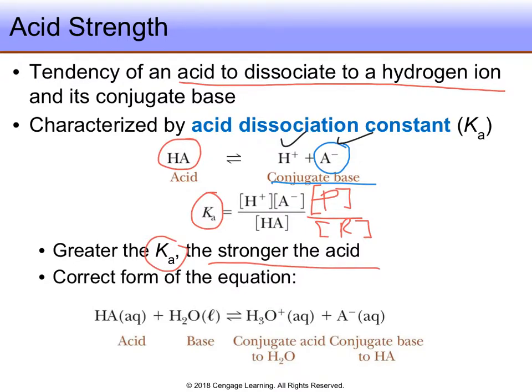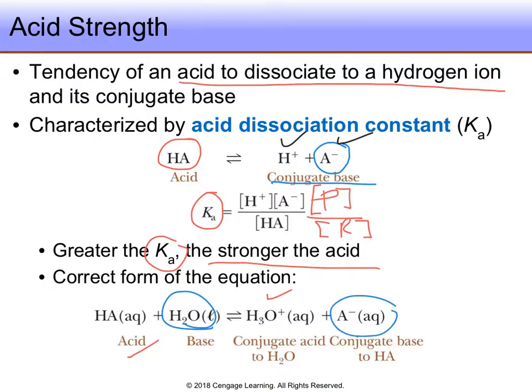Okay, and so the correct form of the equation when thinking about what happens with an acid in water is that the acid dissociates, but in fact the correct version is to say that you have a hydronium ion. This is the conjugate acid of water, because the water has taken up a hydrogen, and then you have your conjugate base, which is now your A minus.